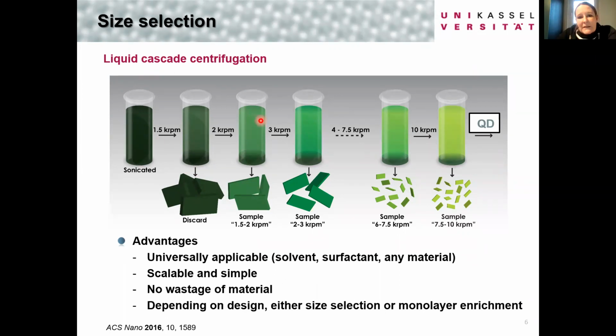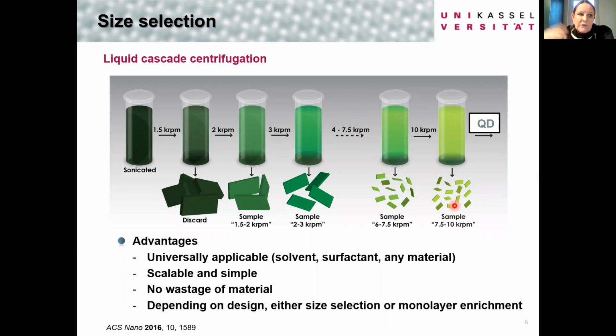Now then we take again the supernatant, go to higher speeds, and so on and so forth. We repeat this for as many steps as we like. So usually 5 to 6 size selected dispersions are produced from a single sample. After each step, we collect the sediments, and the advantage here is you can exchange the liquid.